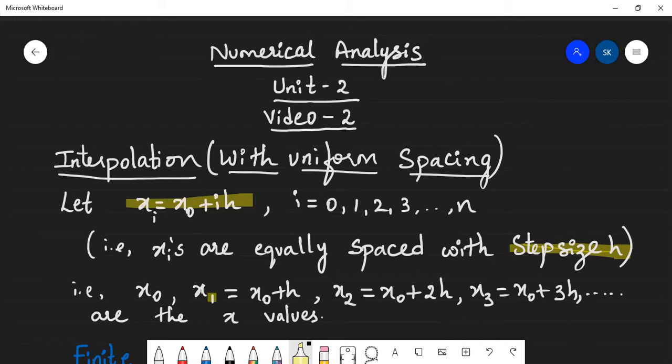If you put i equal to 0, you get x naught. If you put i equal to 1, you get x1, which is x naught plus h. x2 will be x naught plus 2h. x3 will be x naught plus 3h. Similarly, you can find all the values till n. So these will be the equally spaced x values.